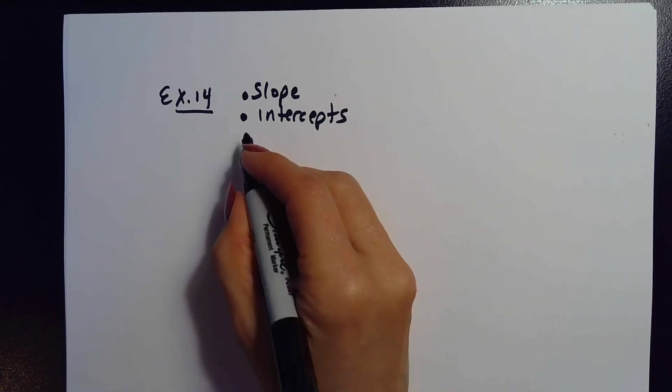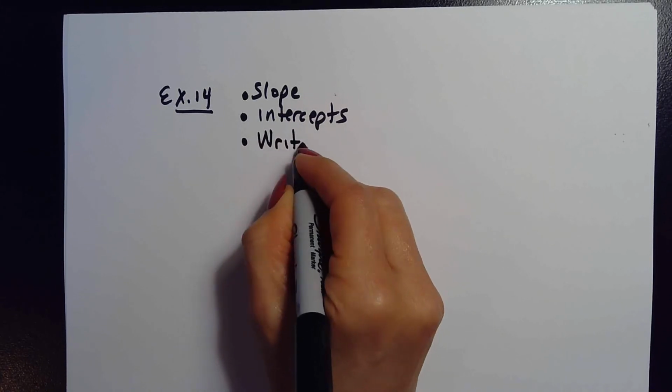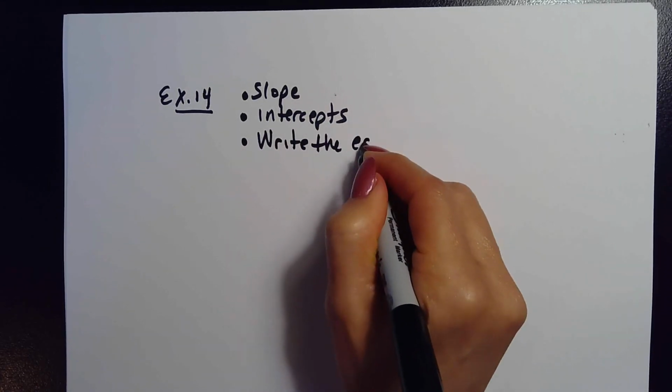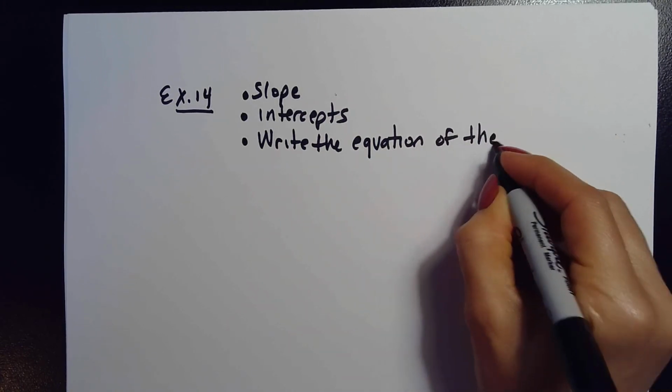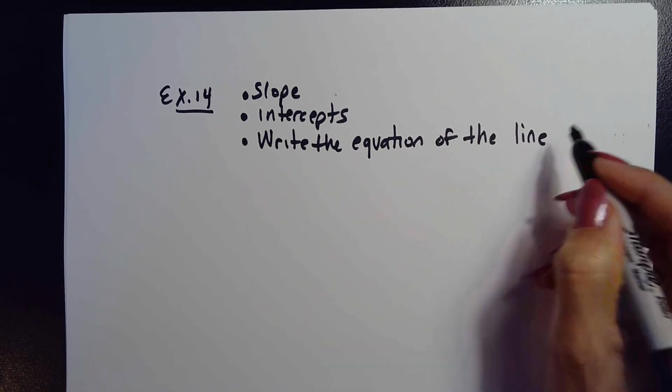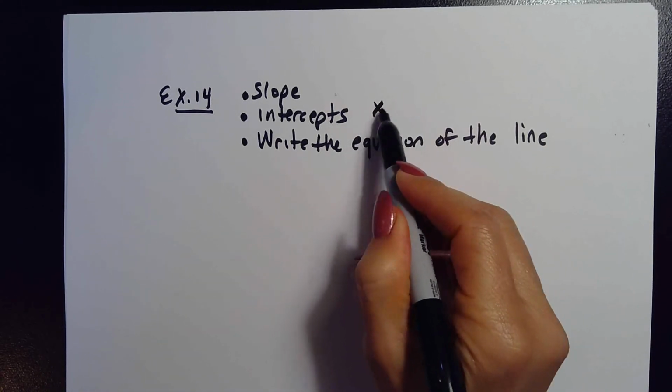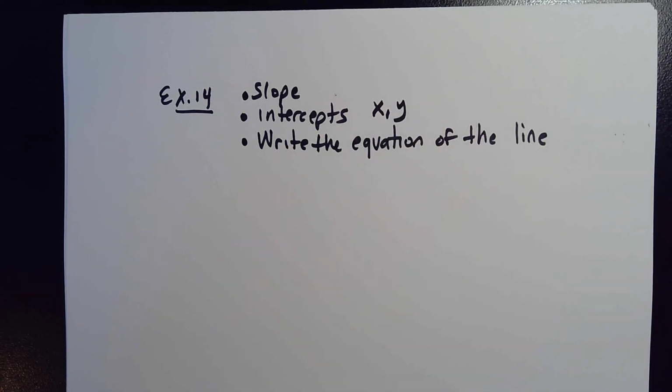Oh, this one we want to write the equation of the line. So in the intercepts, the x and the y, both. And the slope, and write the equation of the line. So we're going to go step by step, and then the graph is given.